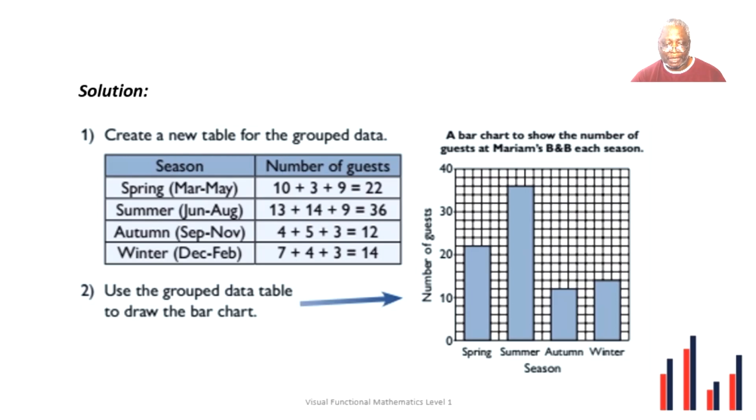So in spring, you have a total of 22, summer 36, autumn 12, winter 14. And that is the chart represented. Read the instructions about how you plan your chart, and don't forget to get your notebook with squared gridline pages.